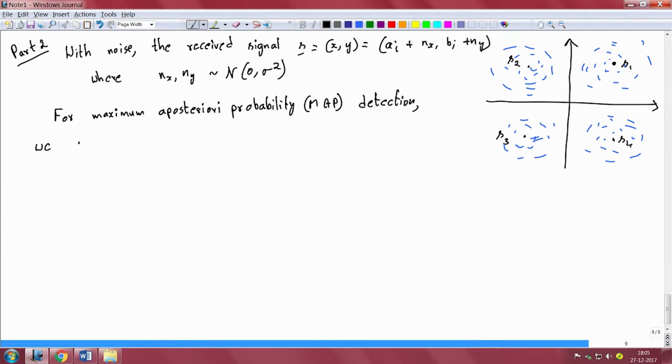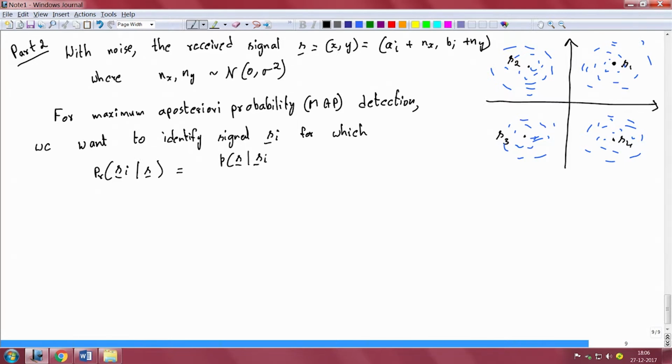Essentially we want to identify a signal Si for which its a posteriori probability, given by the probability of Si given the received signal S, which using Bayes theorem we write as probability of S given Si times probability of Si, divided by the probability of S, is maximized.